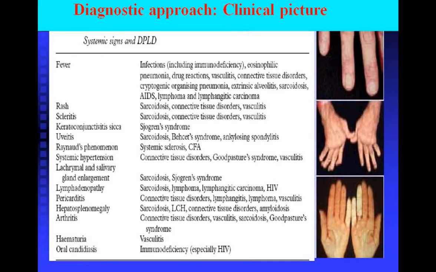Skin rashes can be seen in sarcoidosis and connective tissue disorders; scleritis and keratoconjunctivitis can be seen in Sjogren's syndrome; uveitis in sarcoidosis; Raynaud's phenomenon in systemic sclerosis; hypertension; lacrimal and salivary gland enlargement; lymphadenopathy in sarcoidosis and lymphoma; pericarditis, hepatosplenomegaly, arthritis, hematuria. Oral candidiasis is seen especially in immunodeficiency conditions like HIV patients, or patients with fungal infections, who are immunocompromised, having long-term corticosteroid exposure.